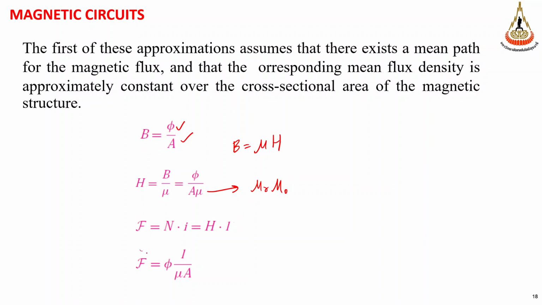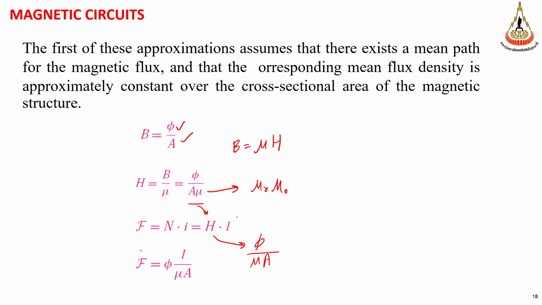And the magnetomotive force is flux into L divided by mu A, because H is flux divided by mu A. We just substitute it.